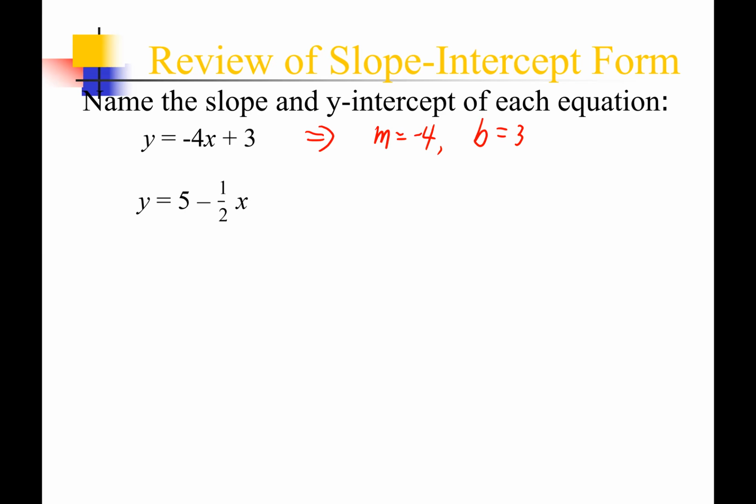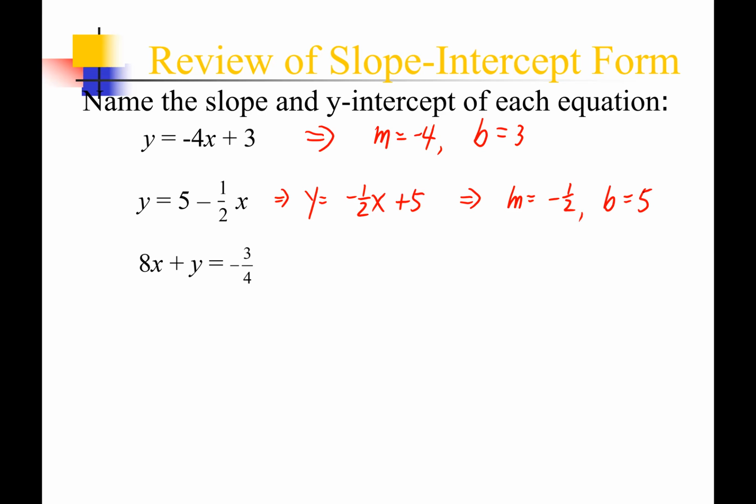And the second one right here, you probably want to rewrite it, right? So switch the order of the 5 and -12x. So this is the same thing as y equals -12x, adding 5. Now it's easier to identify slope and the y-intercept. Slope is -12. Y-intercept b is 5. Okay.